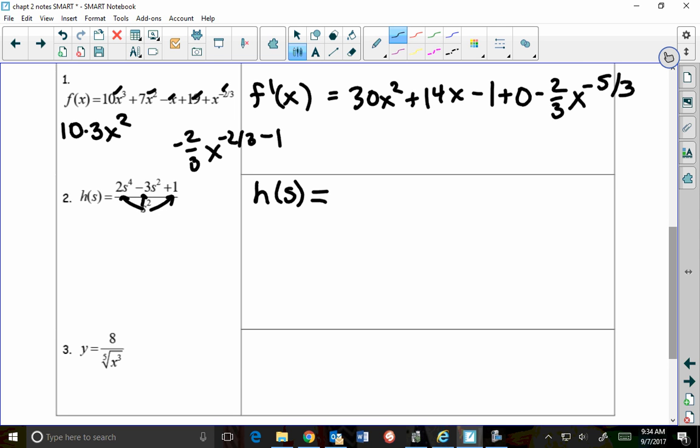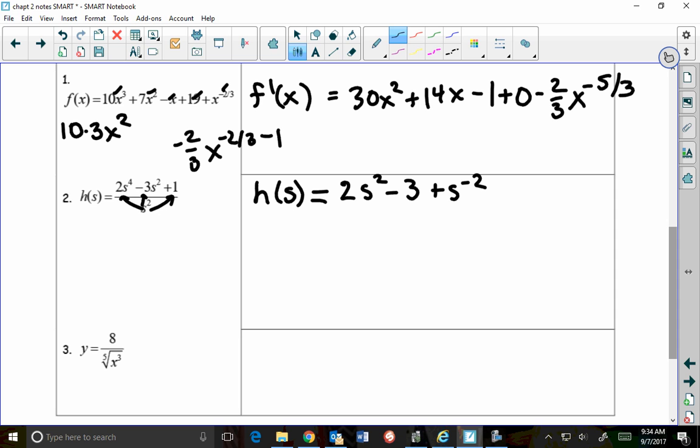And even when we learn the division rule, it's going to be much easier to rewrite and do the rule. Have we done any calculus yet?